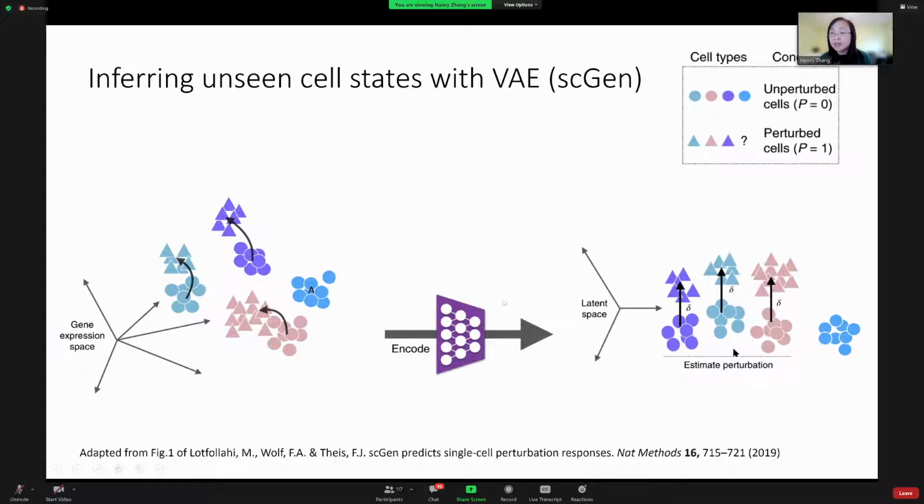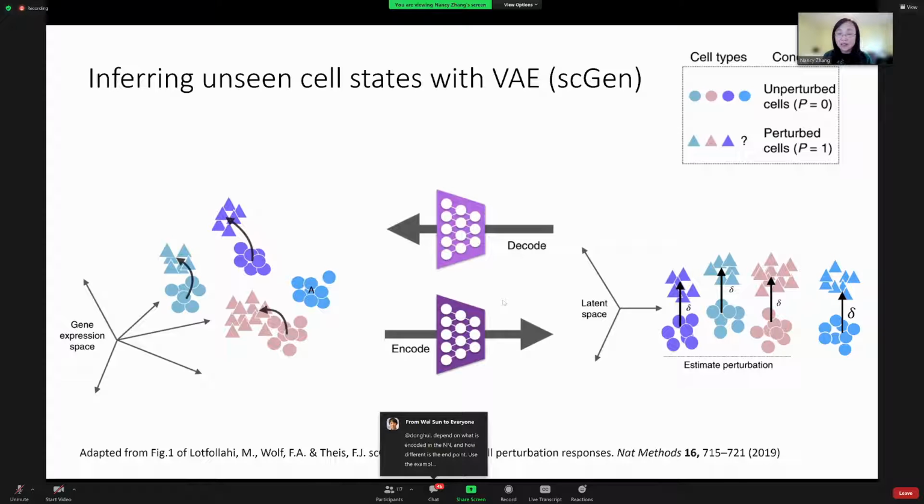In the latent space, they took the difference between the means of these cell type clusters to get this delta, which is what they say is the effect of the perturbation. Then you add that delta to the blue cell types in the latent space, and decode it back. That gives you what the blue cell types should look like if you were to apply the same perturbation.